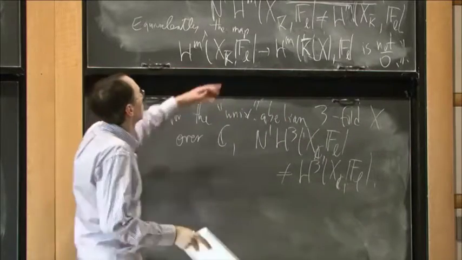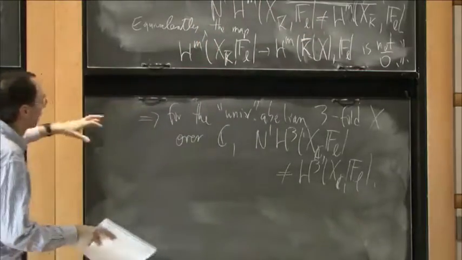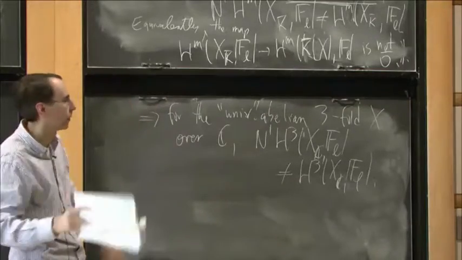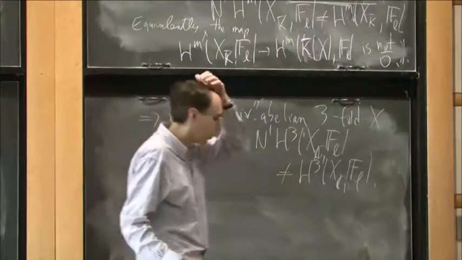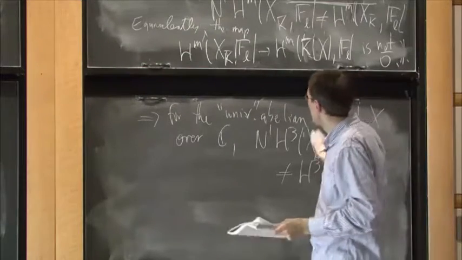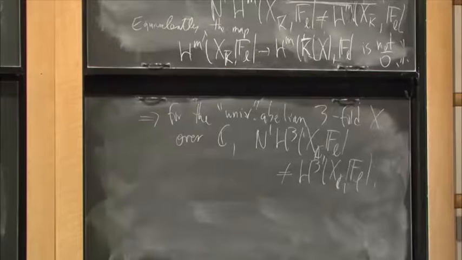Because this assumption about ordinary reduction is no problem, because basically a generic abelian threefold in characteristic 0 reduces to any abelian variety in characteristic L that you want. It could be ordinary in particular. So this is saying that there's a potential for some algebraic cycles on X to be non-trivial.